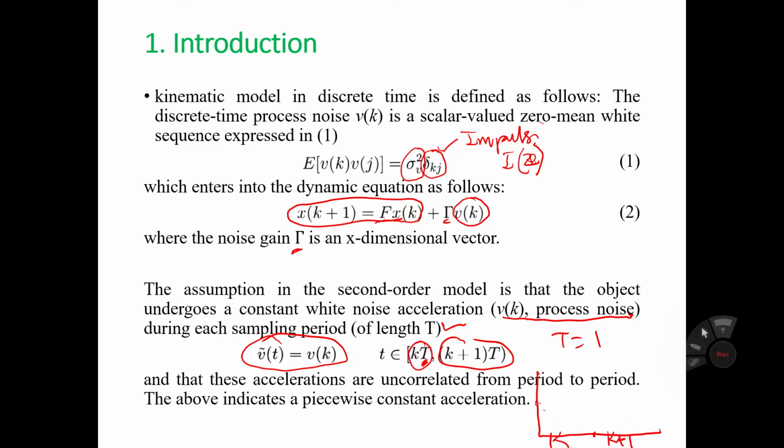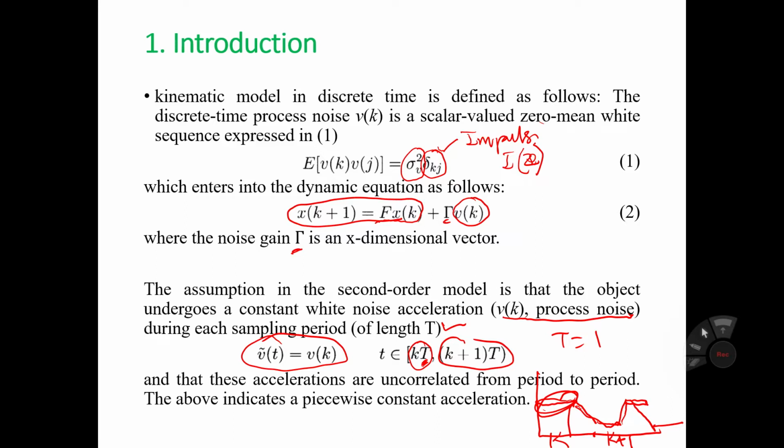Then the piecewise constant model, like this one, at scan k is the constant oscillation, and at k plus 1 it goes down here.